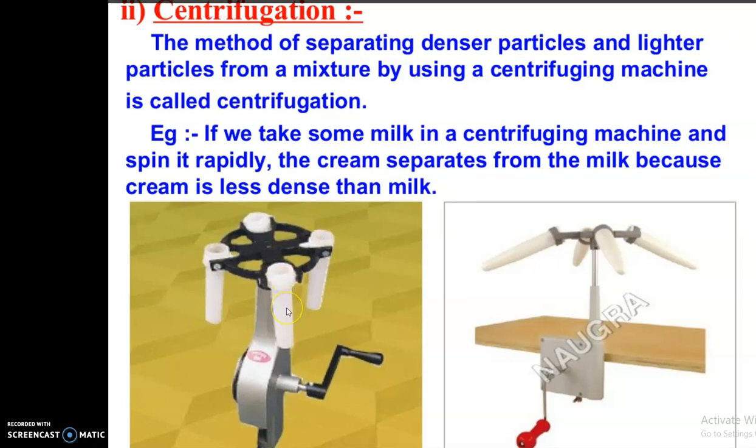Because cream is less dense than the milk. So less dense things we can separate from the mixture by the centrifugation method. Here we should give the energy manually. We should round the handle here, so this is the working condition.